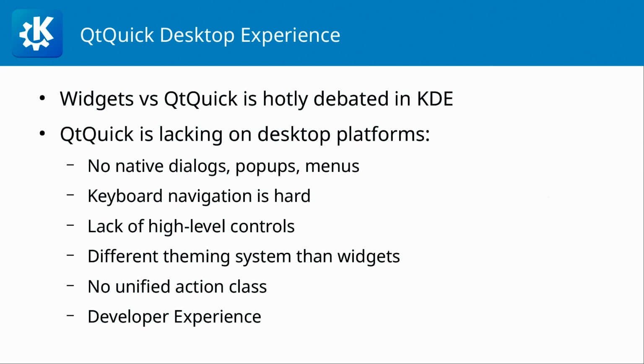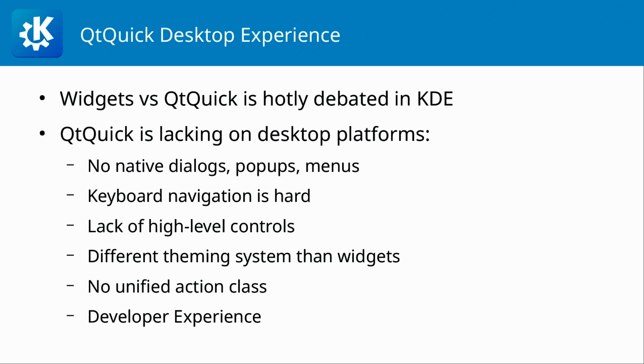Like, for example, there's no support for native pop-ups like dialogues, combo box pop-ups, tooltips, which means everything is constrained to a single window, which is very limiting and really makes applications not feel as native as they should be and as they are with Qt widgets on a desktop system.